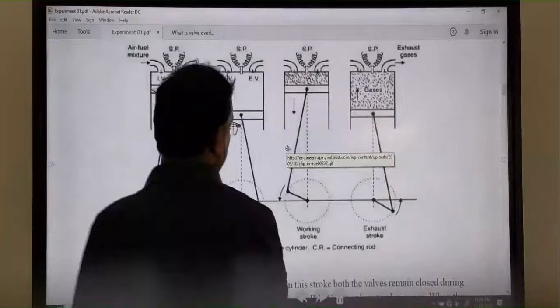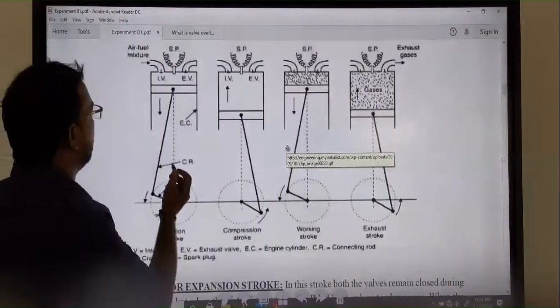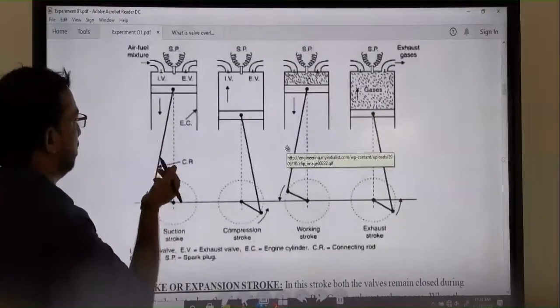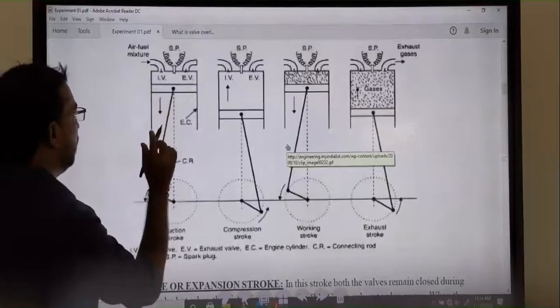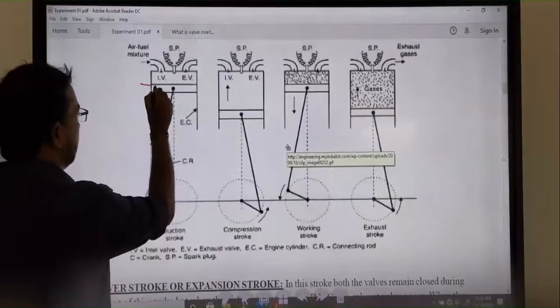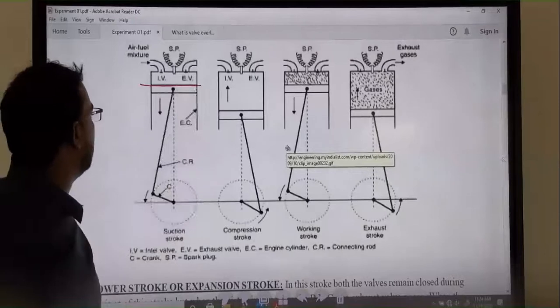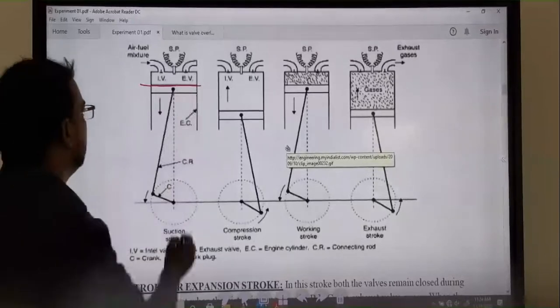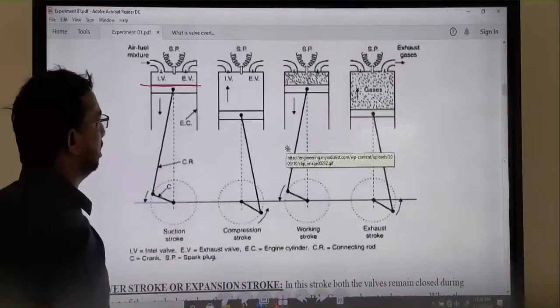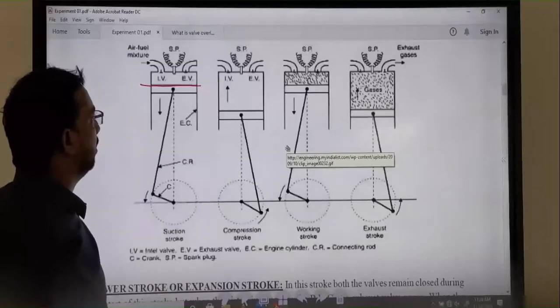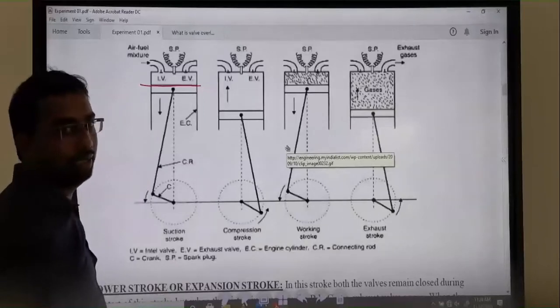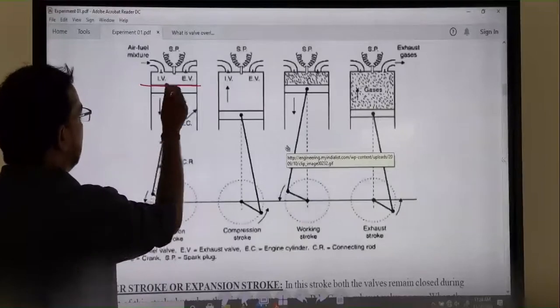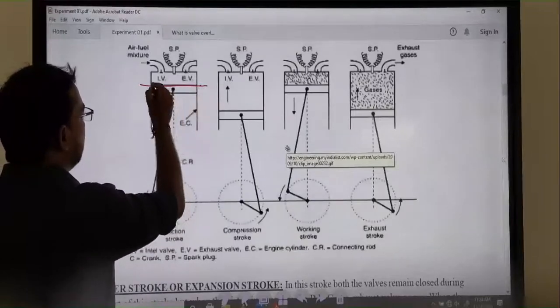First we have to study two lines. Here is one line, the final position, the maximum distance covered.